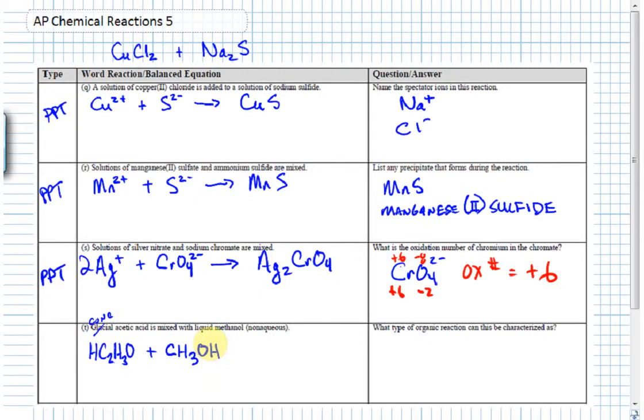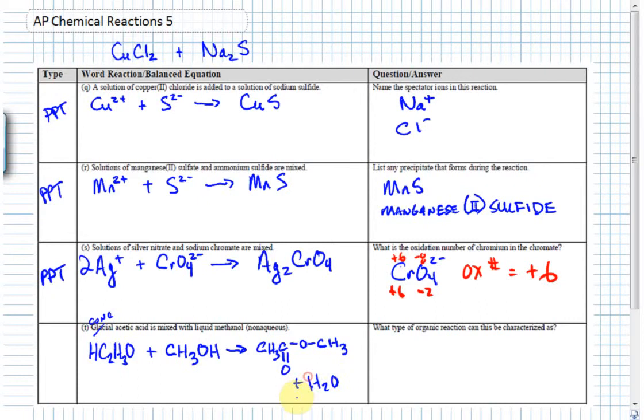Okay. Acids and alcohols get together to form esters. Okay. And so we're going to get an ester formed here.